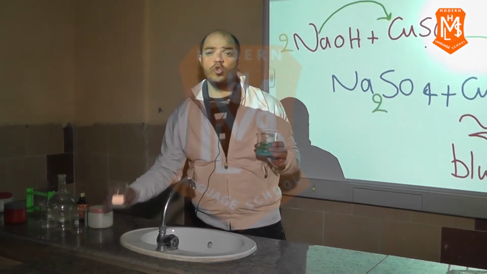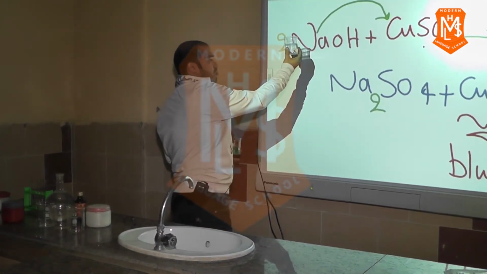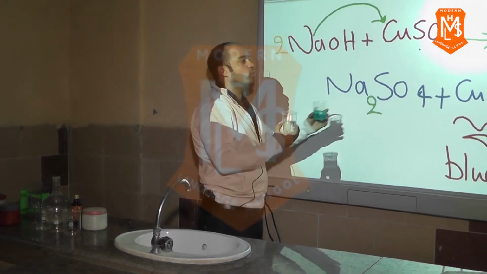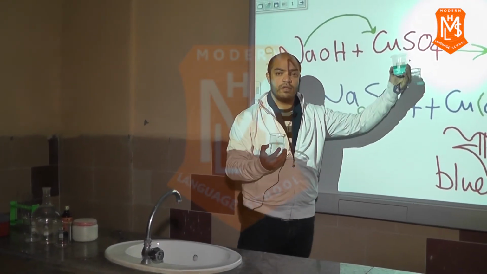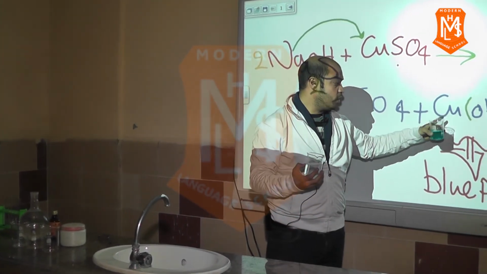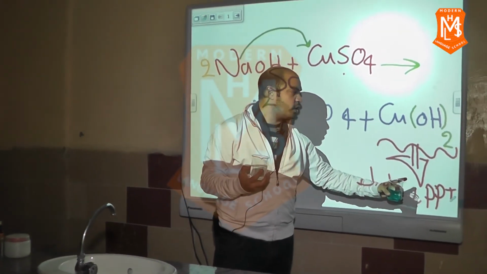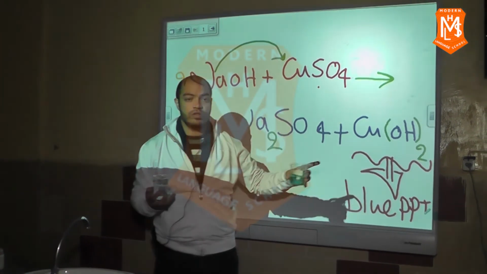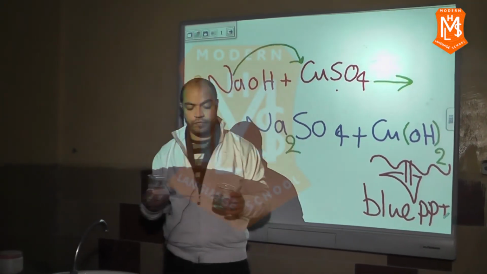When we add sodium hydroxide, as we see in the equation, to copper sulfate, we will observe the precipitation of a blue color, which is copper dihydroxide.